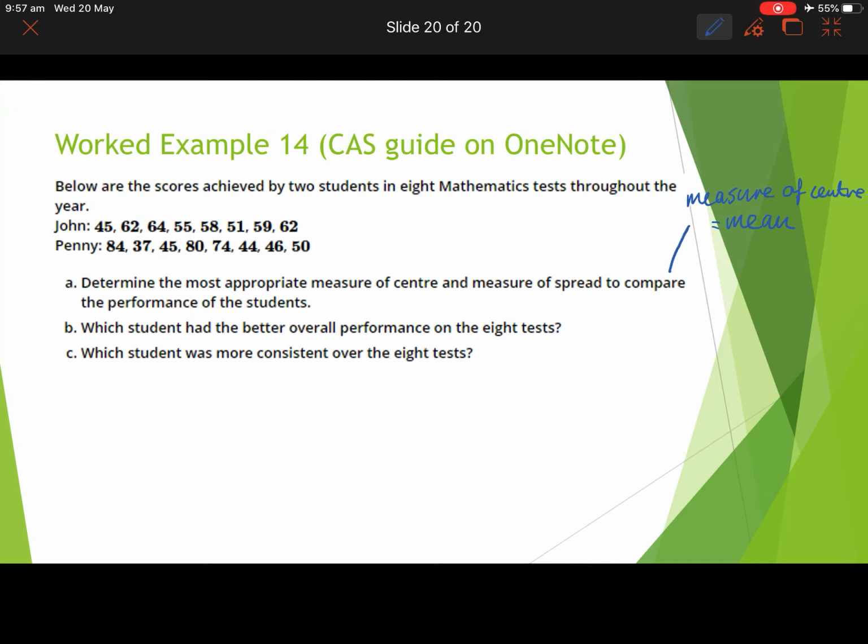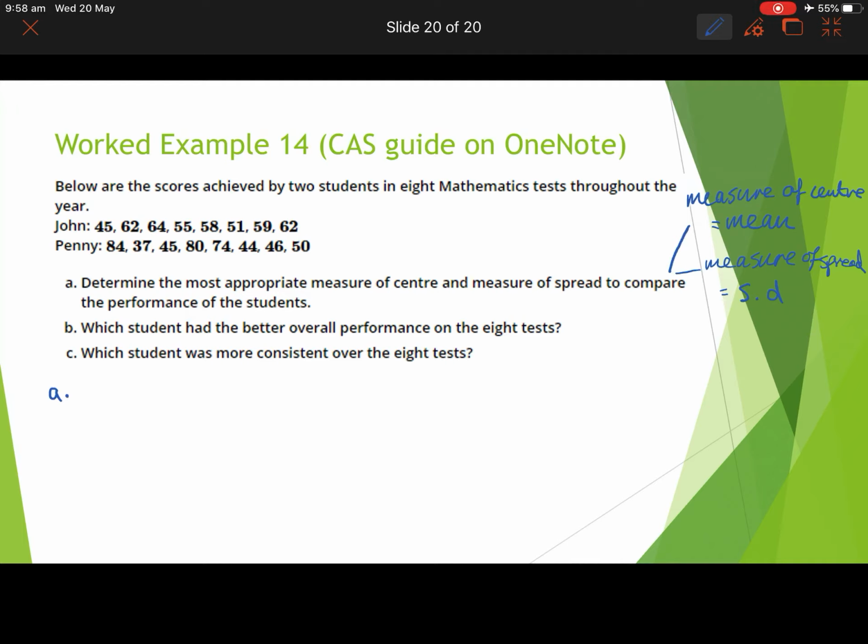And for the measure of spread, we need to look at the standard deviation, okay, because that looks at the spread of all the data. So for A, we need to find that for both.